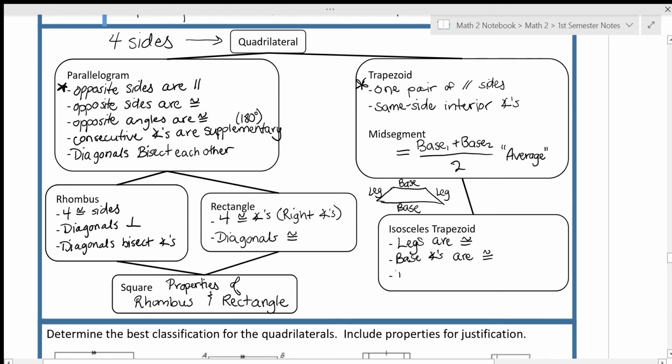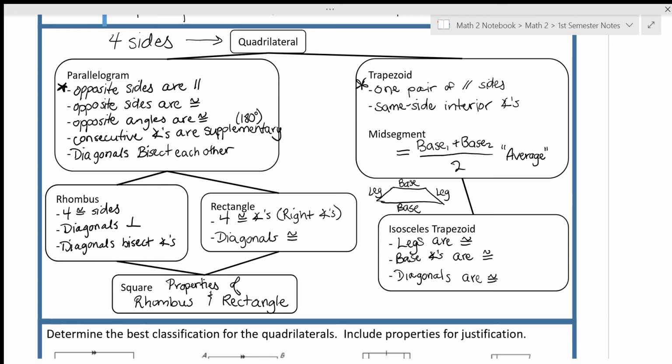And the diagonals are also congruent. Diagonals are congruent. So this is a property that it does share with rectangles, but a trapezoid obviously is not a rectangle because it only has one pair of parallel sides.